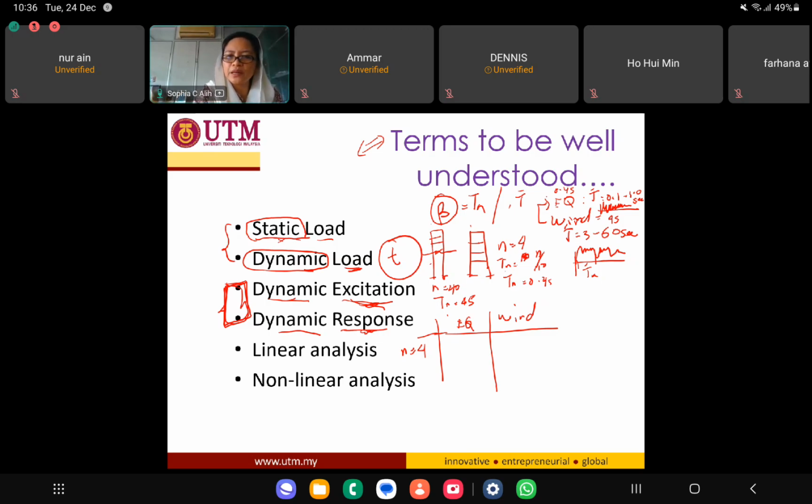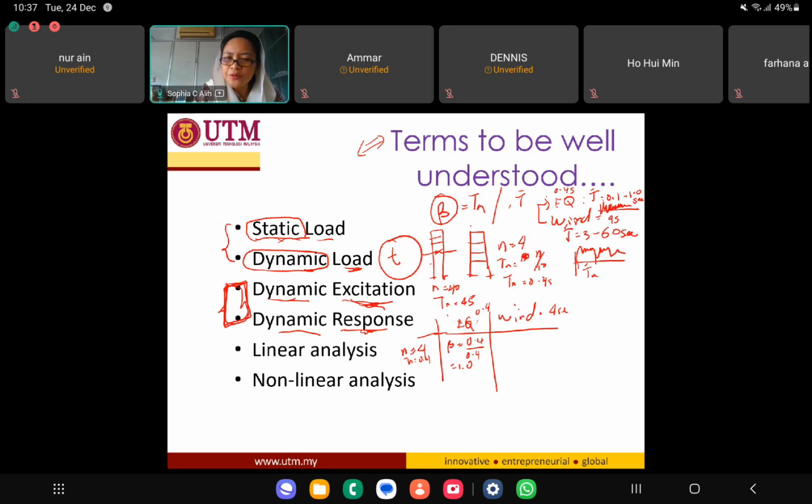So for this beta, it is Tn over T prime. My Tn equals 0.4 second, my earthquake is 0.4 second, and my wind is 4 seconds. So my beta here is going to be 0.4 second from my structure divided by my earthquake 0.4 second. So I have beta factor equal to 1.0.